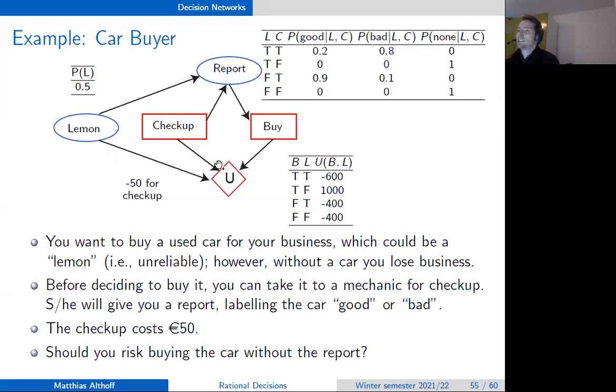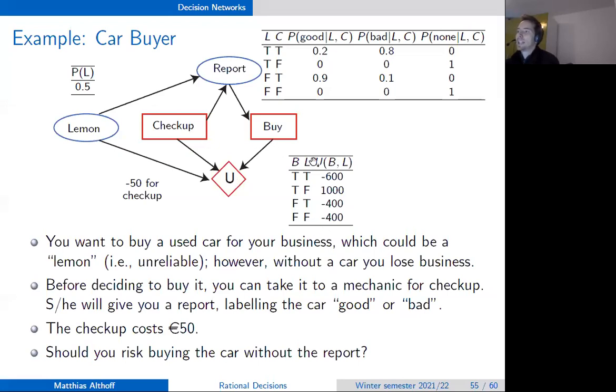If it's a good car, you have a higher utility compared to a bad car. The checkup has an influence on the utility because it costs some money. And buying also has an effect on the utility, because if you don't buy a car at all, you have a not so good utility because you cannot transport many things. If you buy the car, you have a high utility. But when you buy, of course, it depends on whether it's a good or bad car.